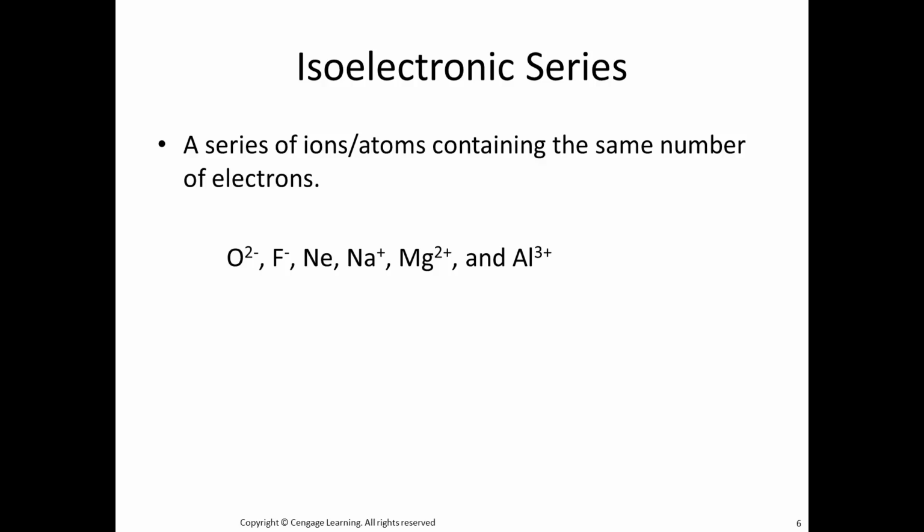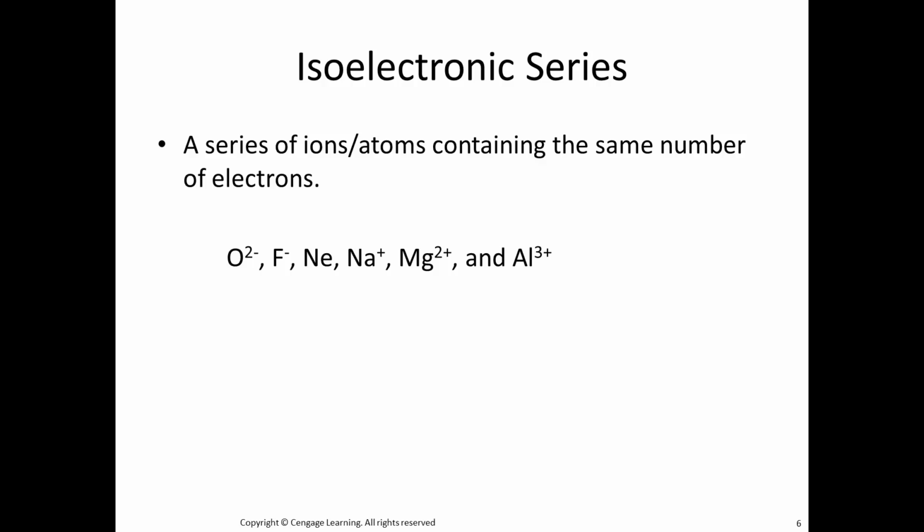We can, however, look at an isoelectronic series of ions, which are ions containing the same number of electrons. Here, the oxide ion, the fluoride ion, neon, the sodium ion, the magnesium ion, and the aluminum ion all have the same number of electrons.